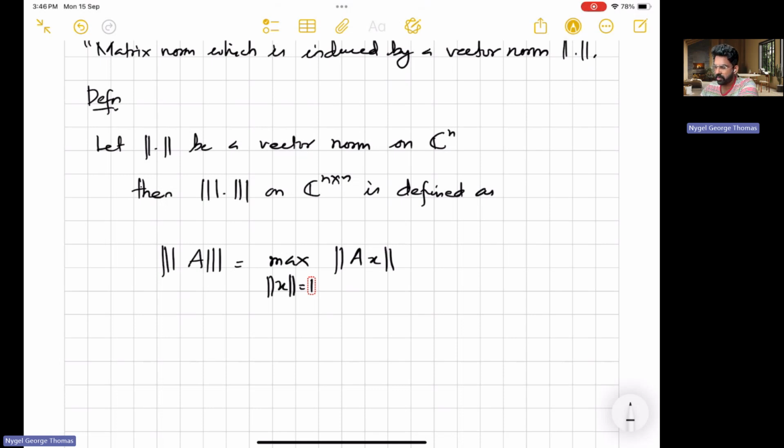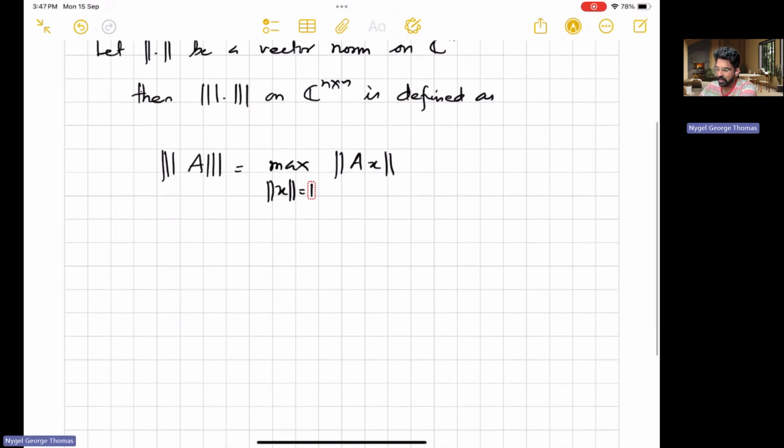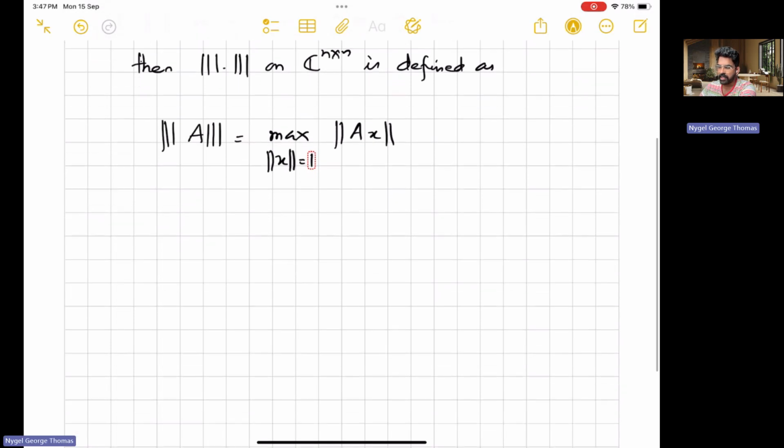We search over the set of feasible points which have norm x equal to 1, and then find Ax for all such x's. The maximum value of the norm of Ax will give you the induced norm or the matrix norm. This is how it is defined.